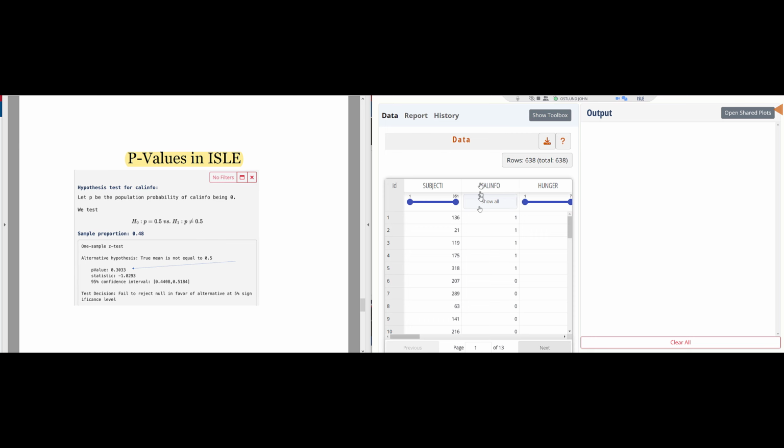Now, cal info indicates whether the particular subject was or was not given calorie information. I might be interested in knowing what proportion of the test subjects were given calorie information.